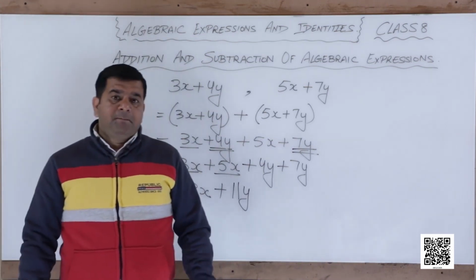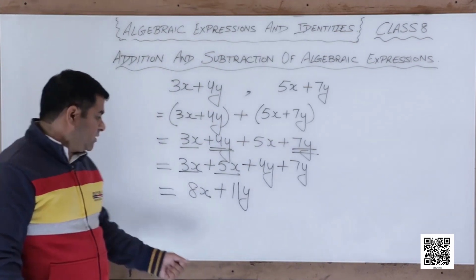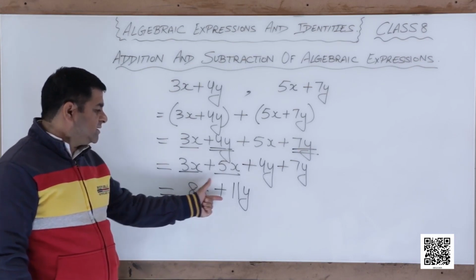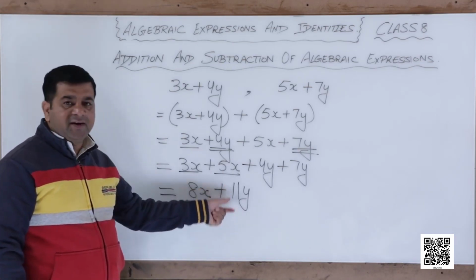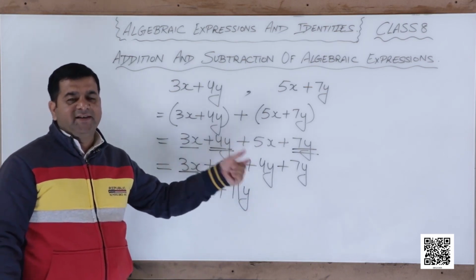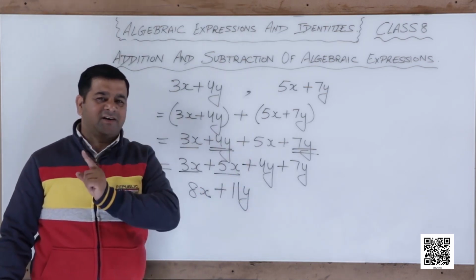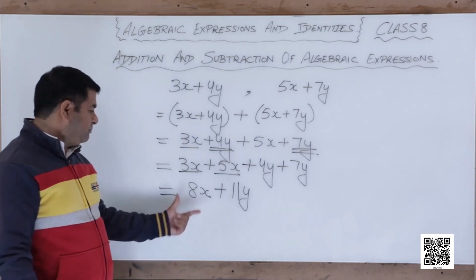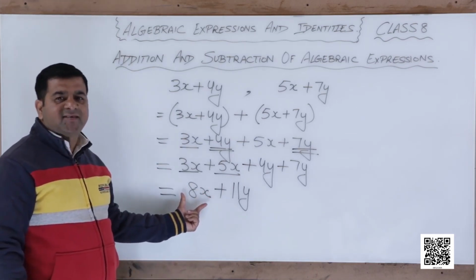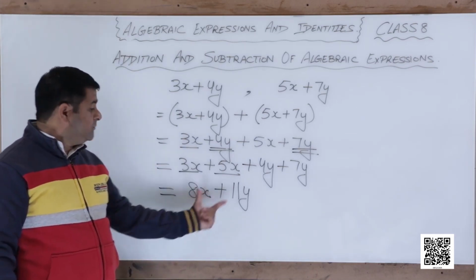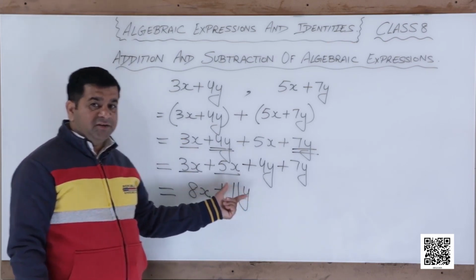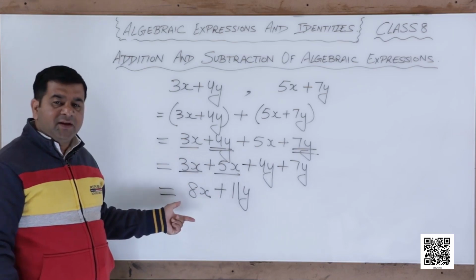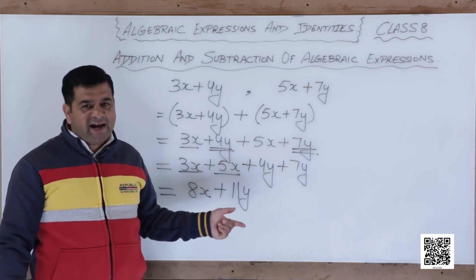Now students, many students make the mistake that this is 8x and this is 11y, so they write it as 8 plus 11, 19xy. This is wrong. Why is this wrong? Because this is 8x with the variable x and this is 11y with the variable y. They don't have the same variable. That means they are not like terms.